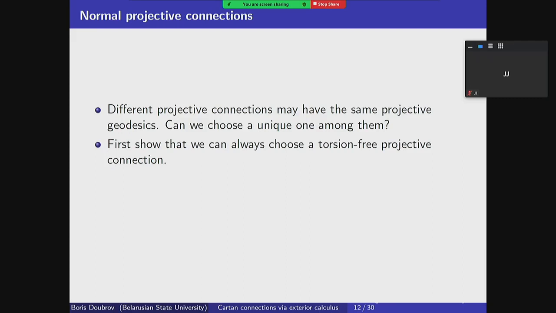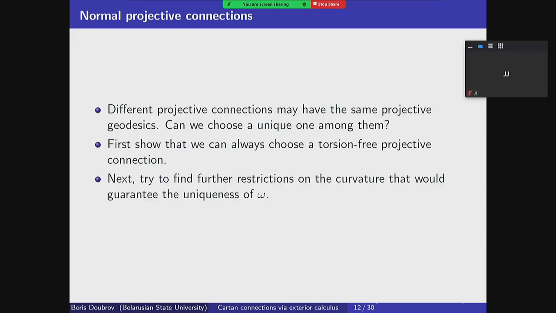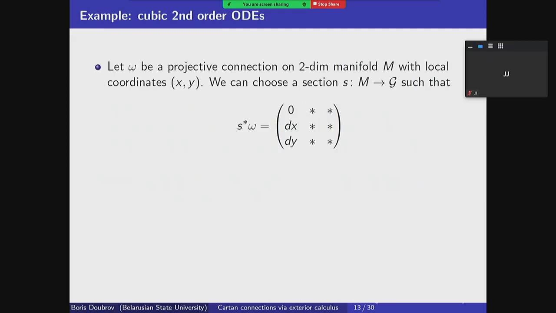So what we'll do as an exercise in the case of projective connections, we'll first show that we can always find a torsion-free projective connection with the same geodesics, and then we need to find out what the other conditions are, and we'll impose conditions as linear conditions on the curvature. So it's not differential equations; it's only linear algebra, and we'll try to find further restrictions of the curvature that would guarantee the uniqueness of omega.